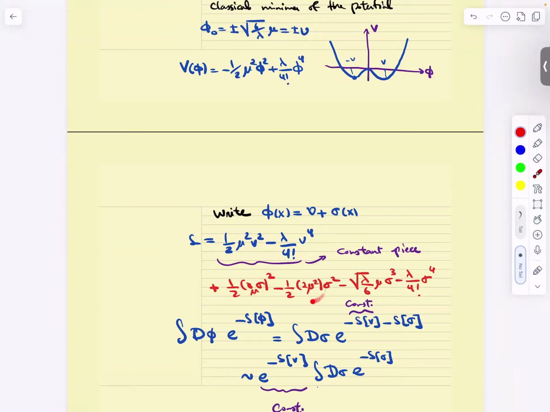There is a mass term for sigma. There is a sigma cubed and sigma to the fourth term. Do you see what happened? My theory initially didn't have a cubic term. But in this expansion, I found the cubic term.